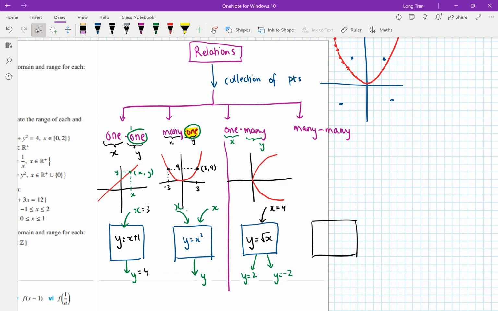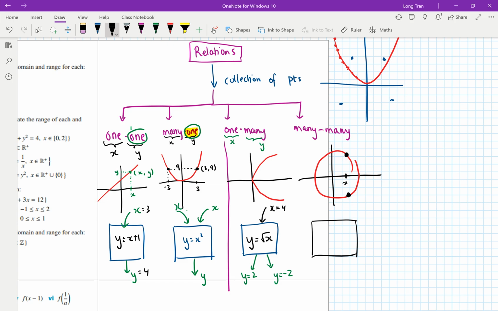Usually you'd see it, but this year we didn't go through it, but circles is a good example of that. You see, if I draw a circle, you'll see that in a circle, you can expect that for one x value, you can get 2 different y values. See that? That corresponds to 2 different y values for the 1x.